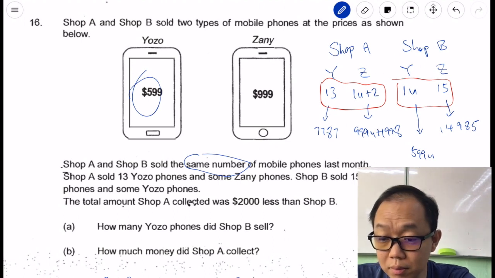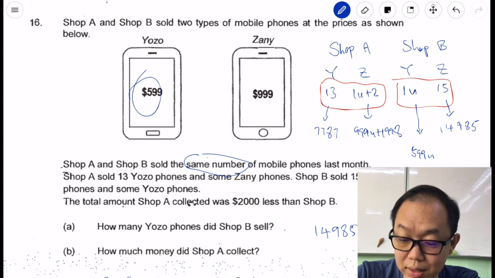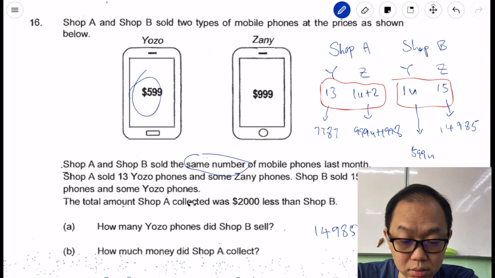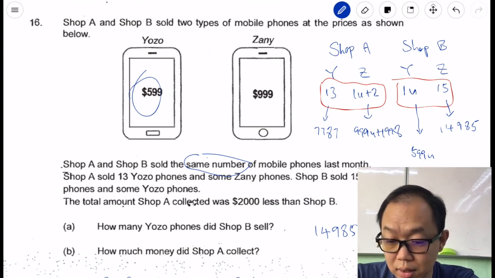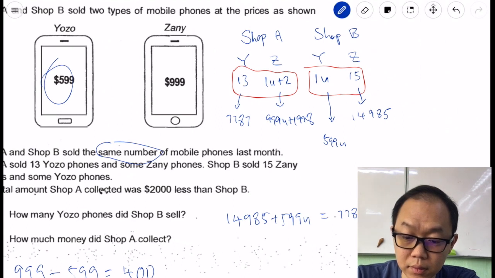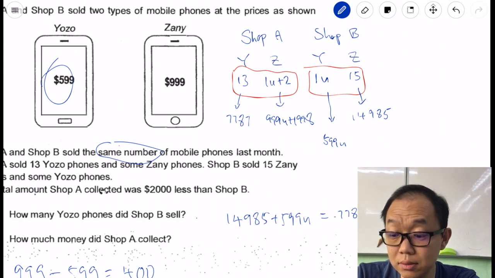Let's translate that into numbers. From shop B, 14985 plus 599U is the same as 7787 plus 999U plus 1998 plus 2000.